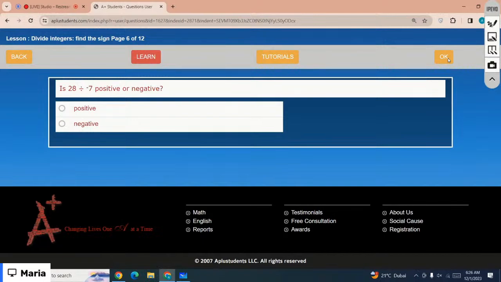Okay, is 28 divided by negative 7 positive or negative? The correct option is negative. One of the numbers is negative, so the answer must be negative.